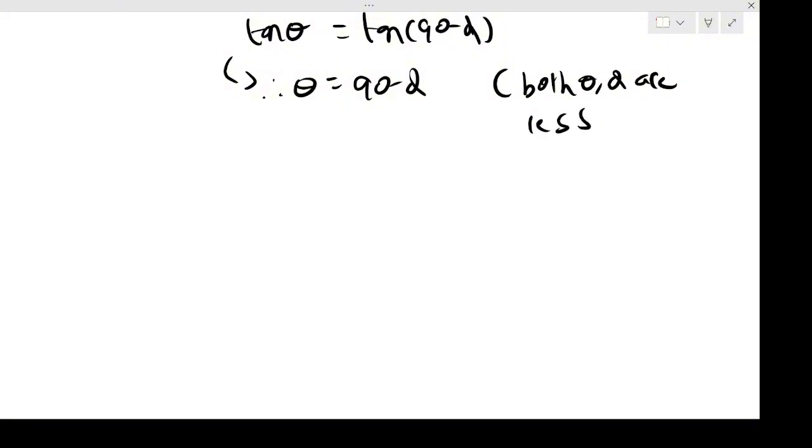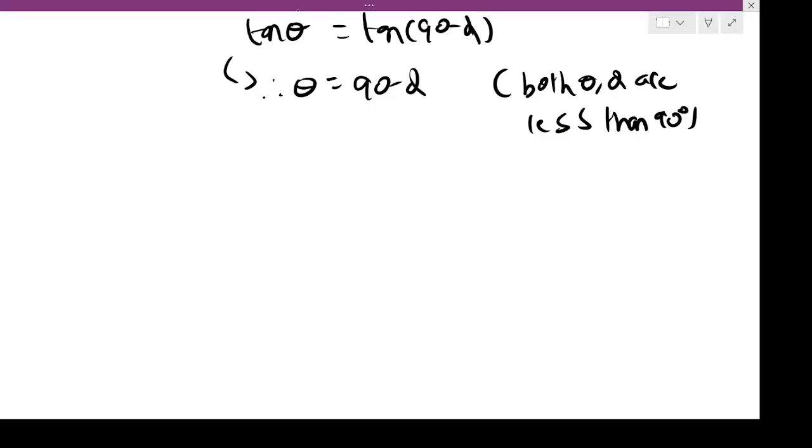But usually they don't expect any justification. They just jump to this step automatically. But remember that's one of the common techniques we looked at. If you have tan of two angles, the common technique is then we can just equate the angles. So there we are. So that's my final angle theta.